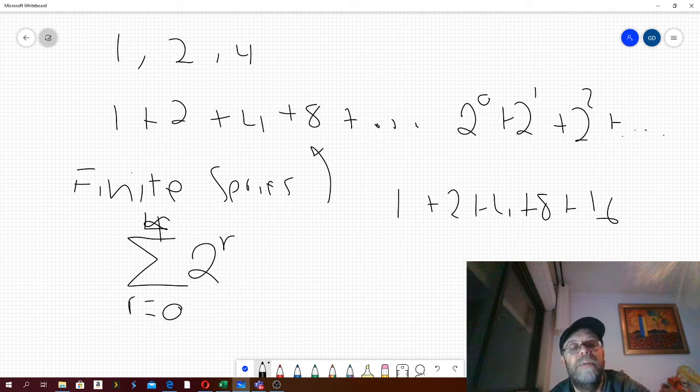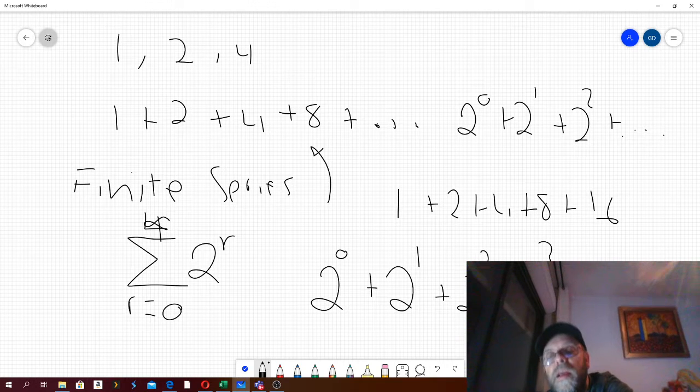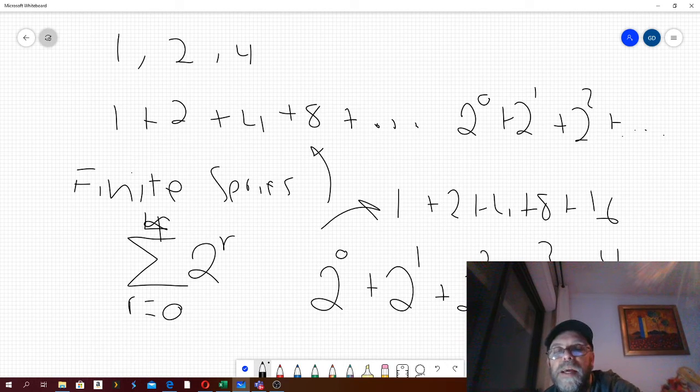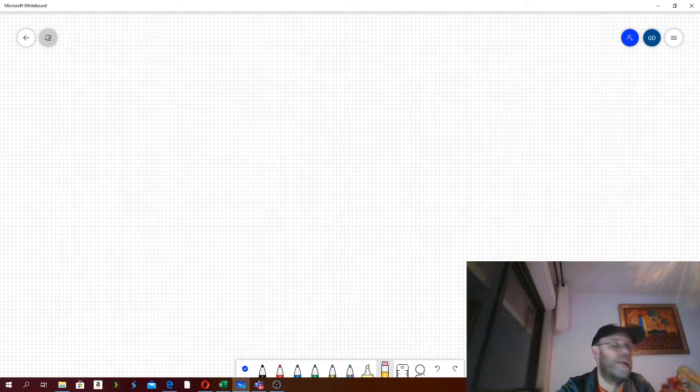It says, give me the sum of terms for 2 to the r where r starts at 0 and ends at 4. And that really is the same as this series over here. So sigma notation is going to be an important way of writing down some of these series. In the textbook, they give you another example there, and I'm just going to do that one as well.